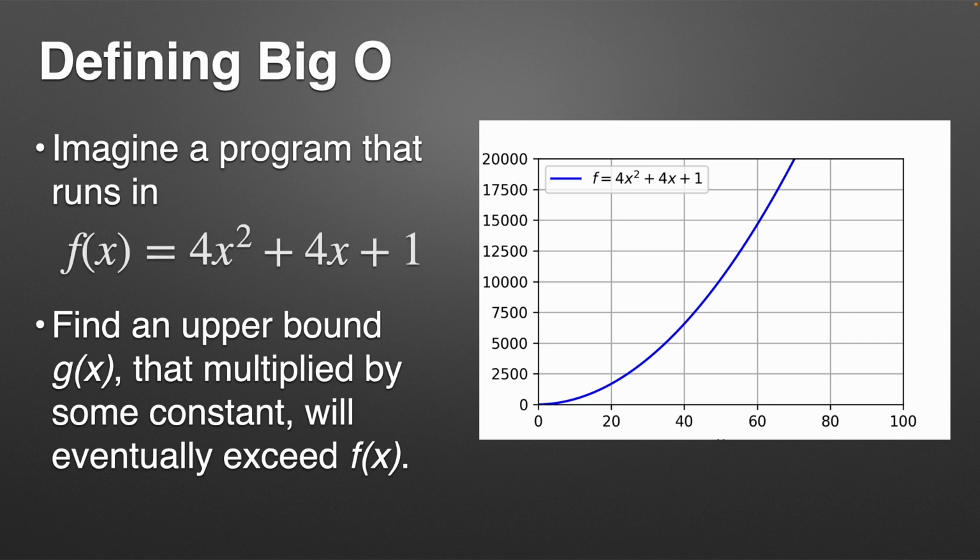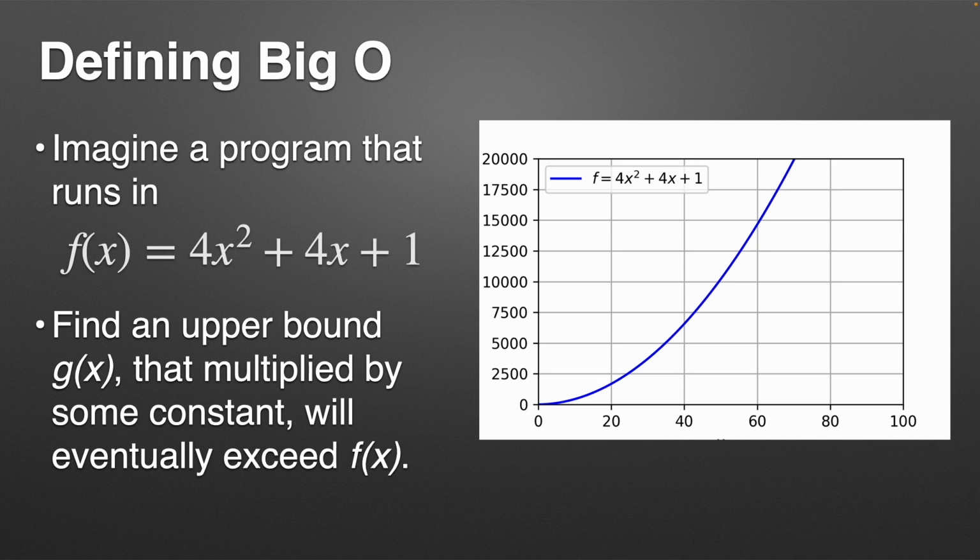And so here's a graph of that. You can imagine this is the input size, and this is some measure of resources or operations that are taken. What we want to do for big O is find an upper bound. We'll traditionally call our function f of x, and we'll call the upper bound function g of x.